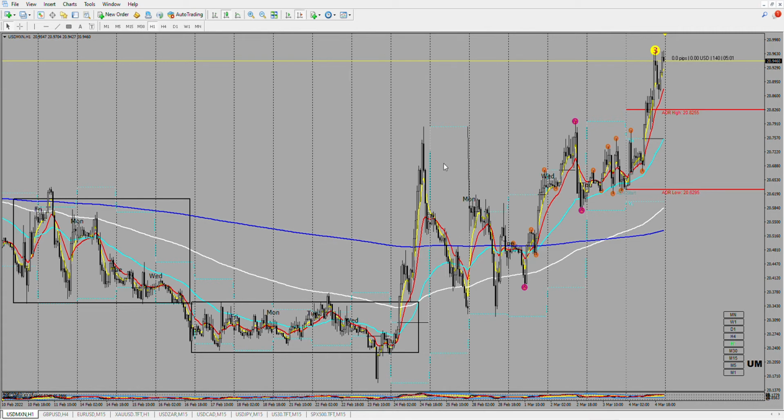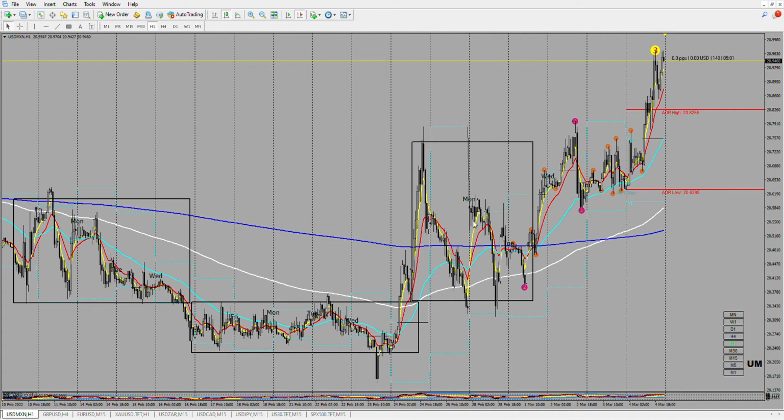But price came down, went up, down, up, and it did not break this previous high right here, and it also maintained the support levels down there. So we'll call this phase a consolidation phase.